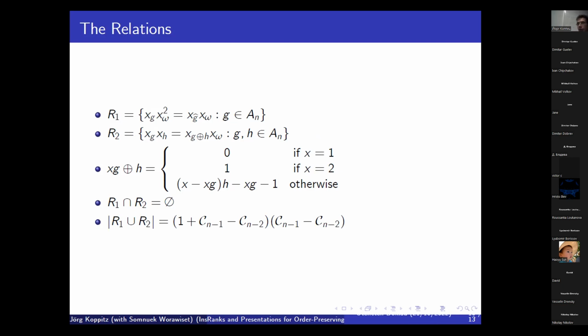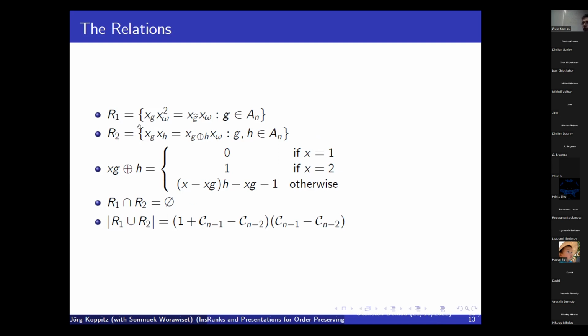Then we can find the following. This is nothing else of this because they have no joint, no common element.